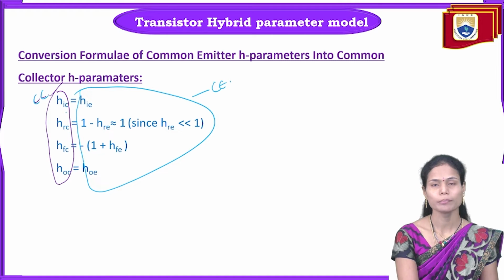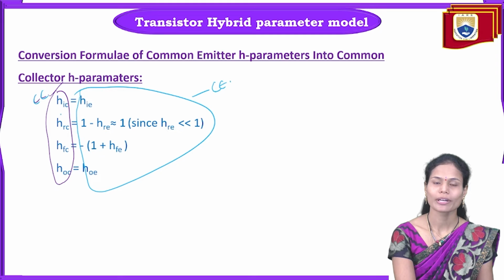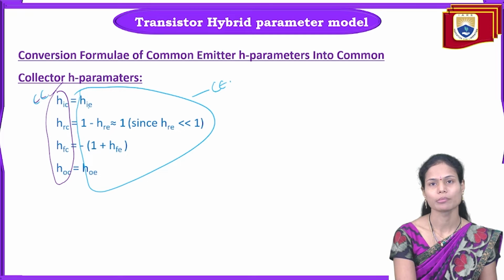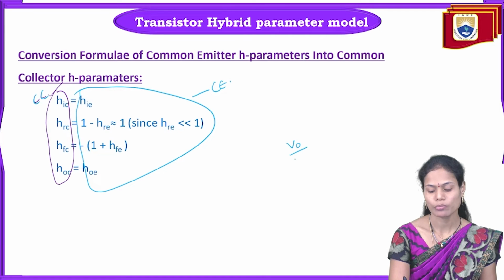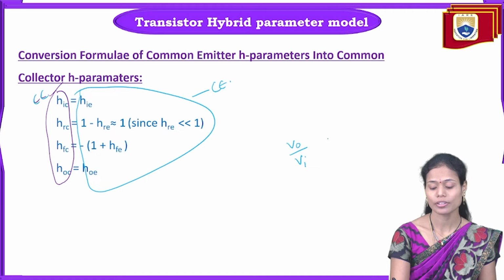Here the input impedance in the common collector as well as in the common emitter is the same, it is HIE only. The reverse voltage gain is 1 minus HRE, so almost it is equal to 1. Why? Because the HRE value is much less than 1. Forward voltage gain means output voltage by input voltage, but here we are taking the reverse voltage.